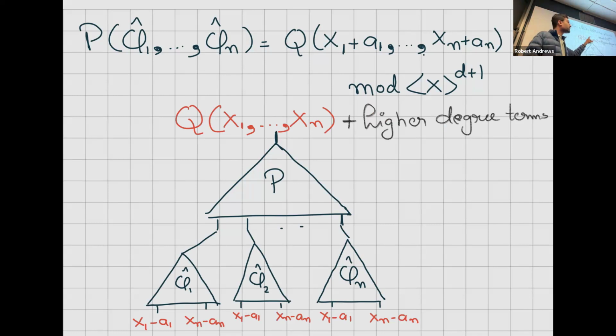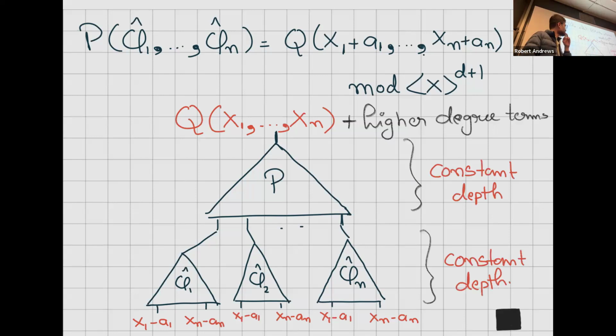And these higher degree terms we can remove with some standard interpolation techniques, which I won't talk about. And for this interpolation also, we need the field to be large here to strip out these higher degree terms. Since phi hats are constant depth, P is constant depth, the whole thing is constant depth.